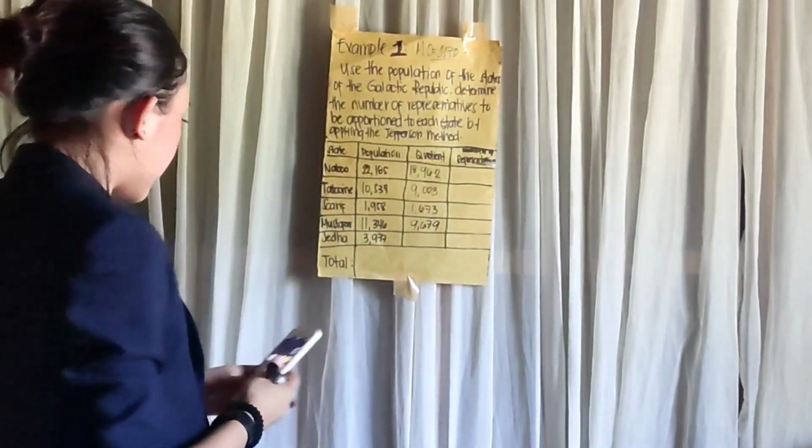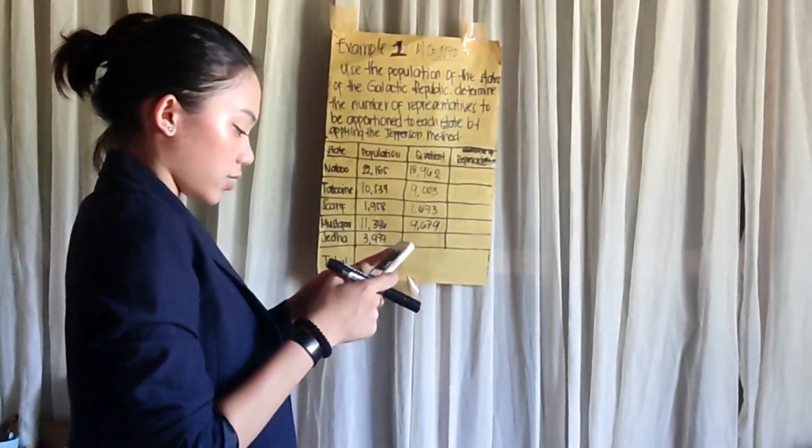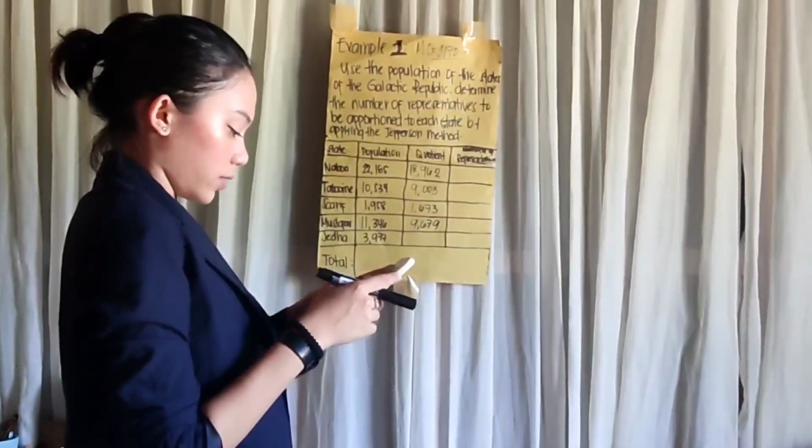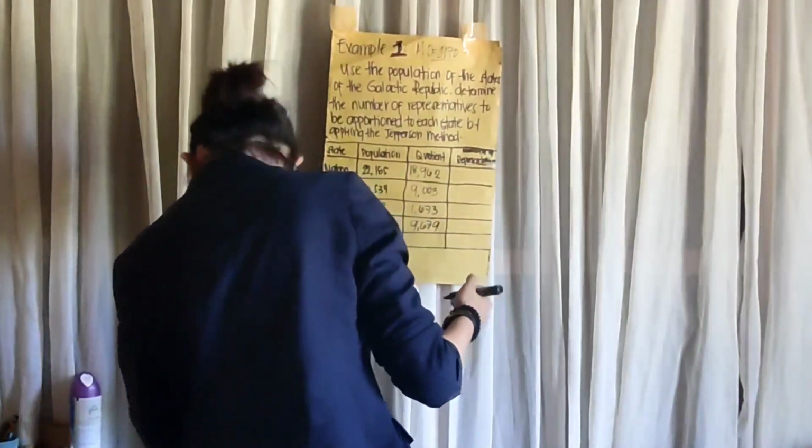And lastly, 3,977 divided by 1,170 is equal to 3.399.